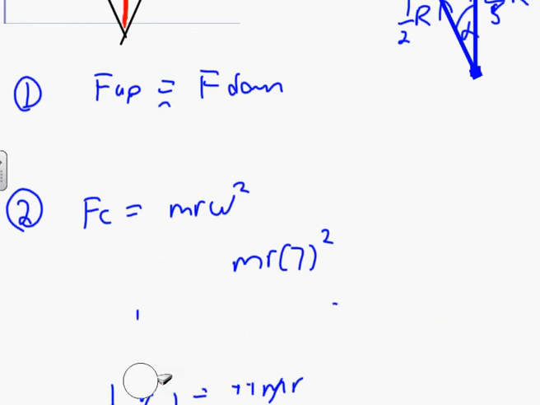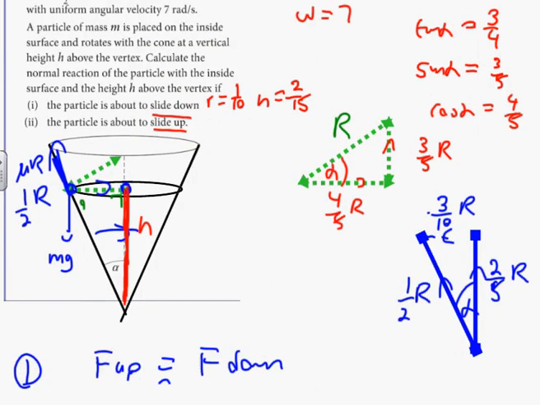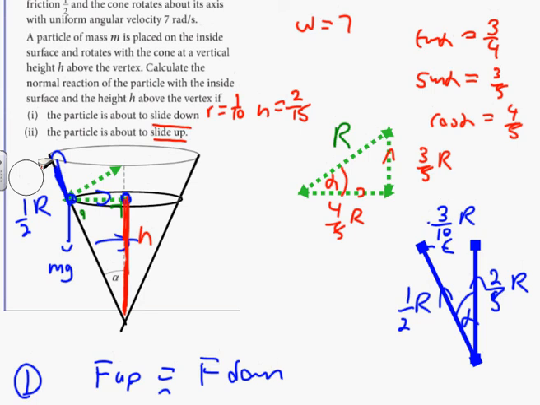So, now, the question was, you're now on your way up. What happens to mu r now? You're now about to travel up the inside of the cone. So what happens to the frictional force? It starts opposing you, so it starts coming down this way here.